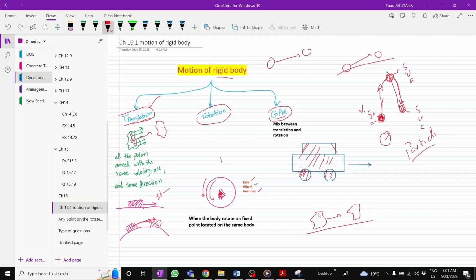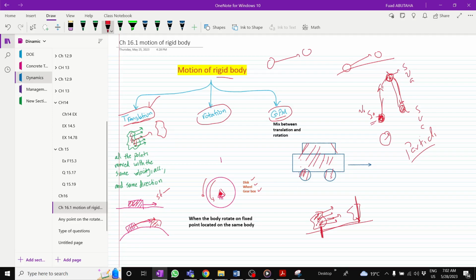And if there is any rigid body that consists of infinite points, it means that at any point located on the rigid body, all the points will move in the same direction with the same velocity, the same acceleration, and they will end up here. So the whole body moves from this position to this position with the same velocity and same acceleration at any point.